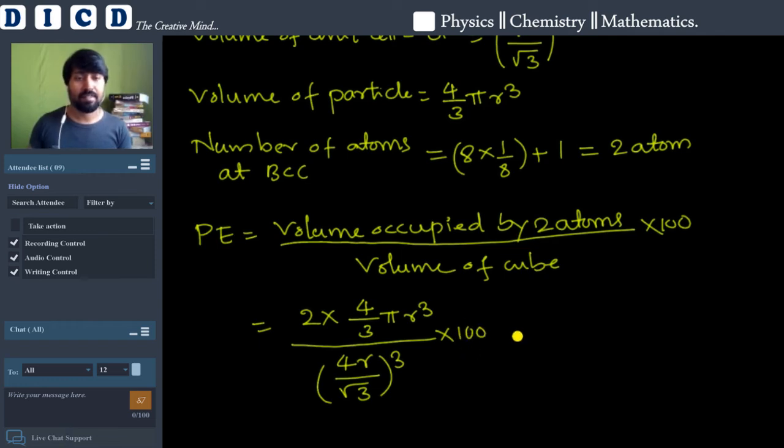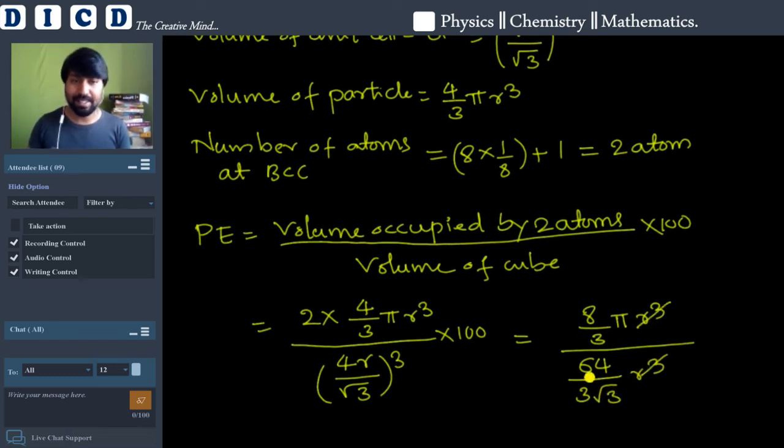This is equal to 8 divided by 3 pi R cube, divided by 64 divided by 3 into square root of 3, R cube.